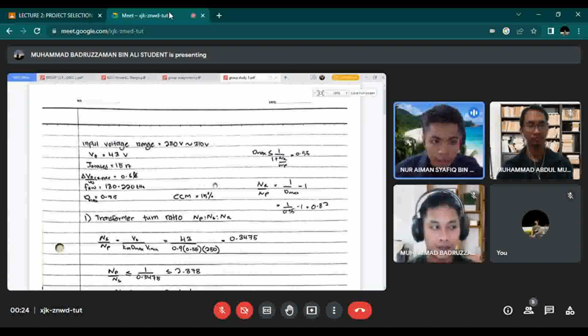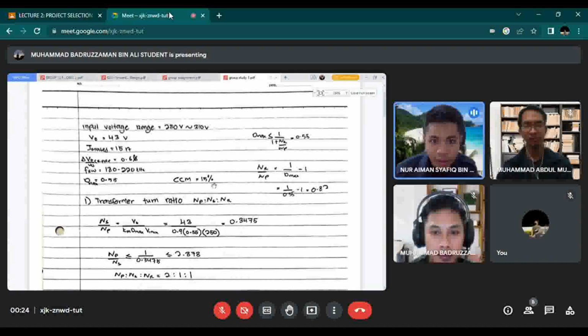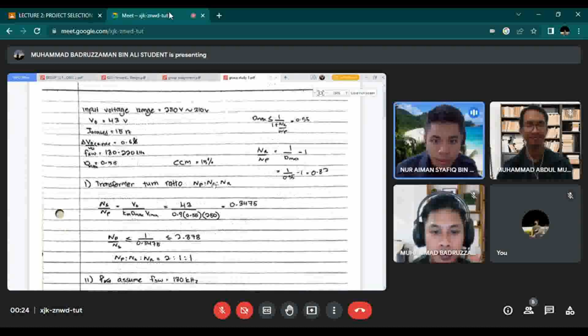And for NS over NP equals V naught over K D max V1 minimum, we substitute 43 over 0.9 times 0.55 times 250, which equals 0.3475.